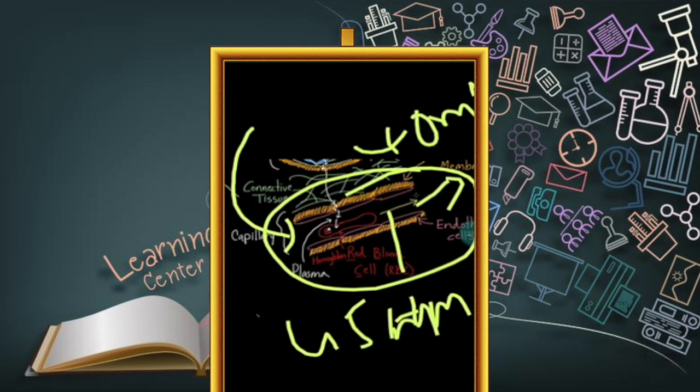So from 45 to 40 it crosses from high concentration to low. That process is called diffusion. This is one of the gas exchange systems between the alveoli and the blood capillaries. Is it clear?